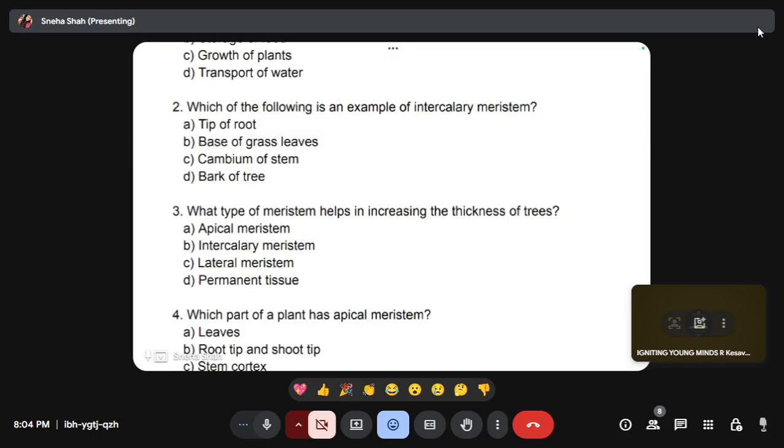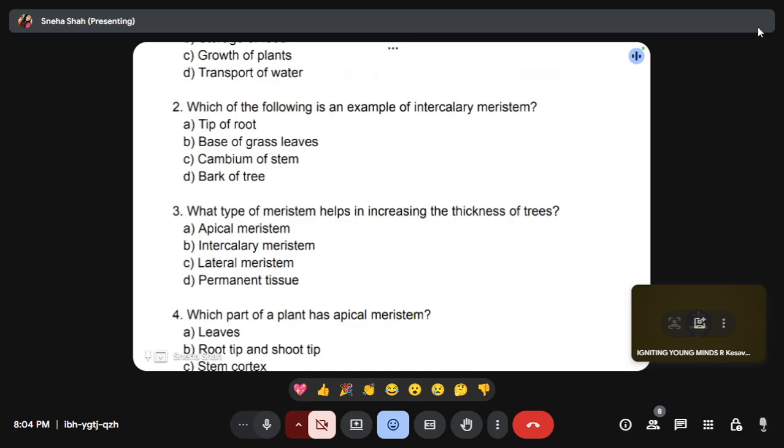Bark of tree again contains the lateral meristem because it has to grow, and it is made up of dead cells. The correct answer is intercalary meristem is present in base of grass leaves.